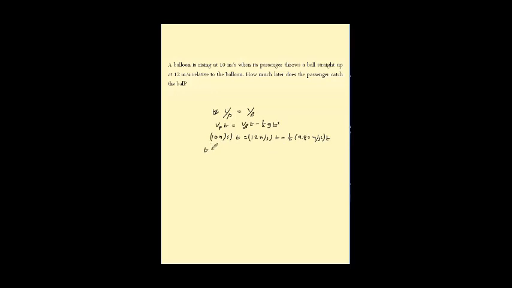Solving for t, in this case we have two values, 0 and the second value is 2.4 seconds. Of course 0 is the time at which the person throws the ball. We don't need this time, but we need 2.4 seconds, which is the time at which the person catches the ball.